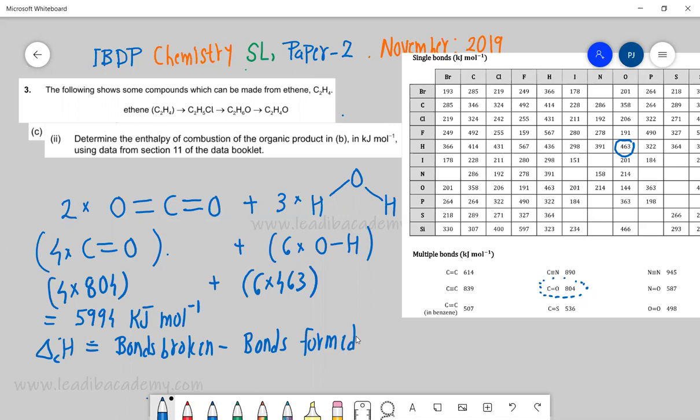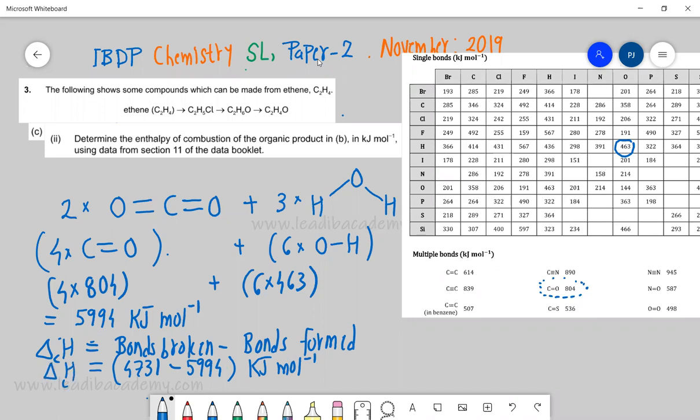So bonds broken were 4731. Bonds formed energy, just now we calculated, 5994. Okay, you do this calculation, you should be getting the answer.